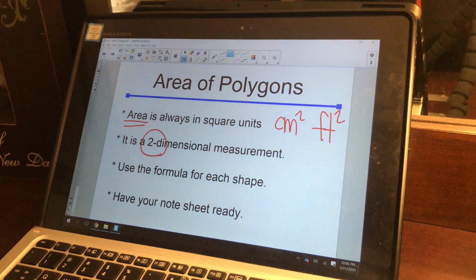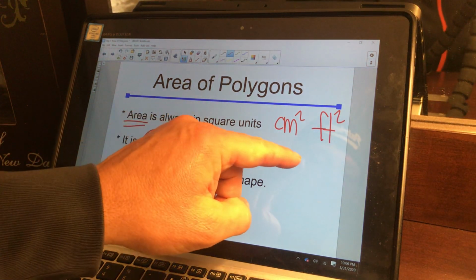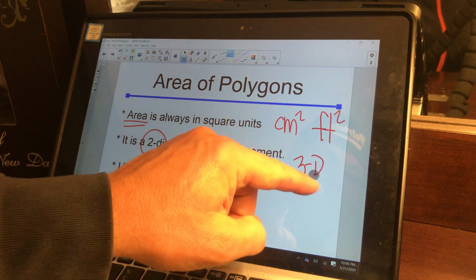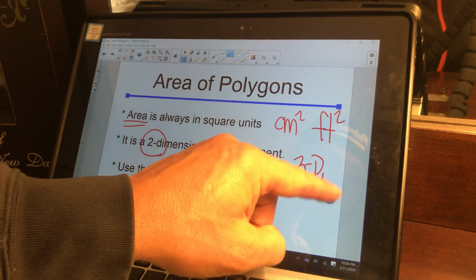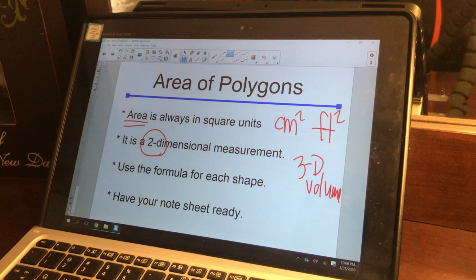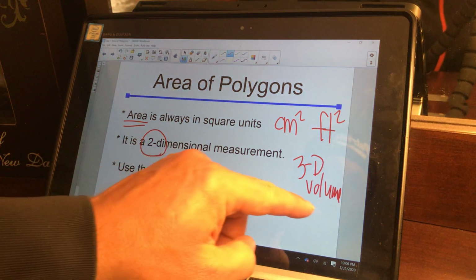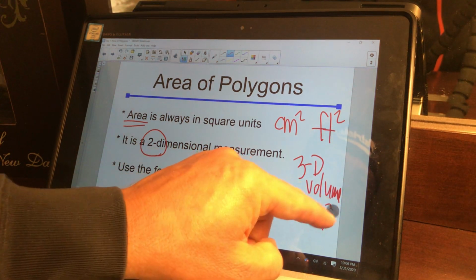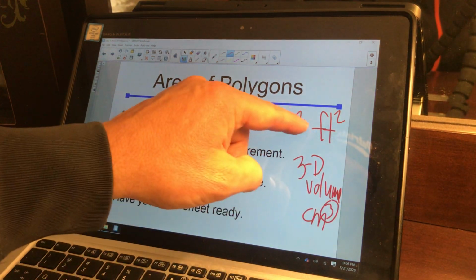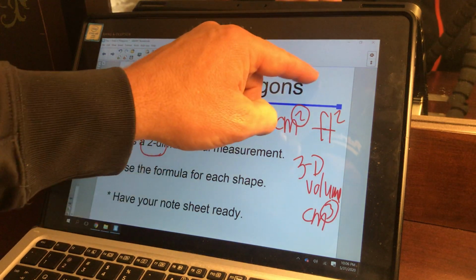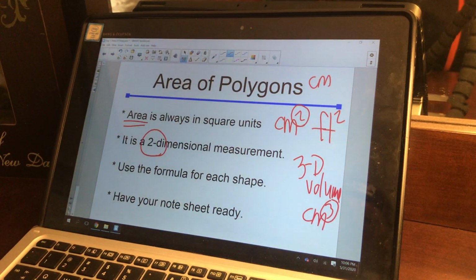Area is a two-dimensional measurement, and then the three-dimensional is going to be volume. That would be centimeters cubed, because it's three dimensions. For the perimeter, centimeters is one dimension.